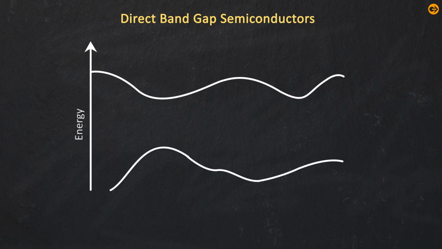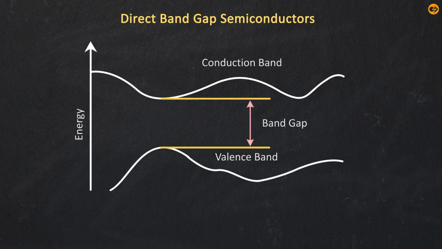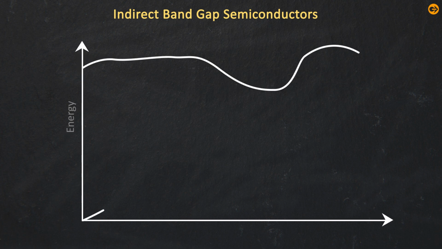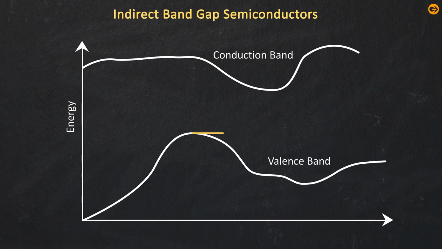In direct band gap semiconductor, the top of the valence band and the bottom of the conduction band occur at the same level of electron momentum, as we can see in this figure. In an indirect band gap semiconductor, the energy of the valence band occurs at a different value of electron momentum to the conduction band energy.